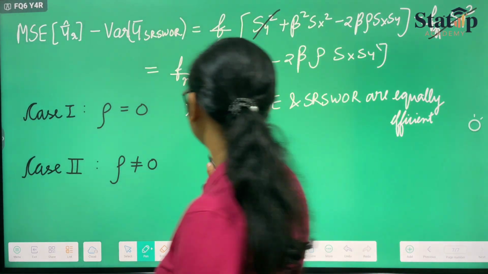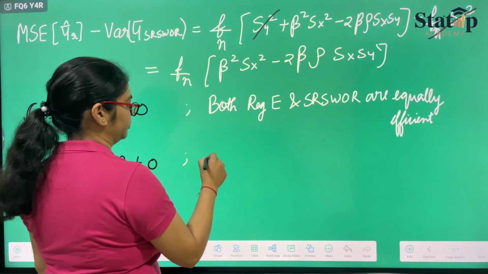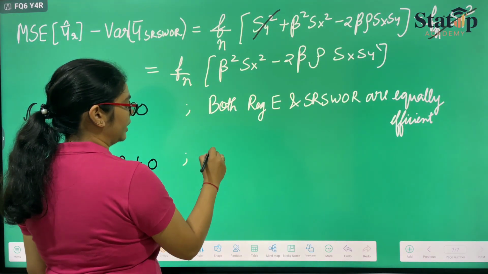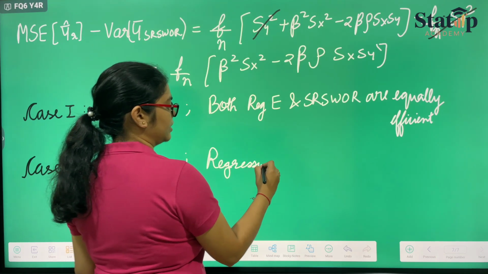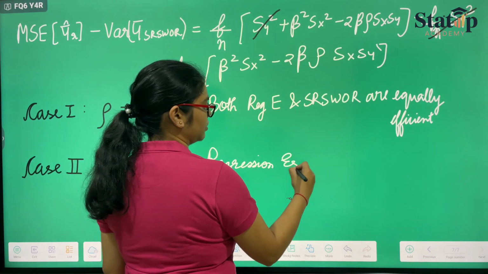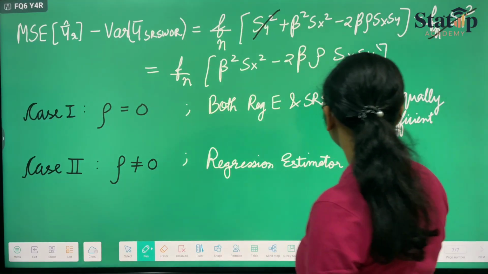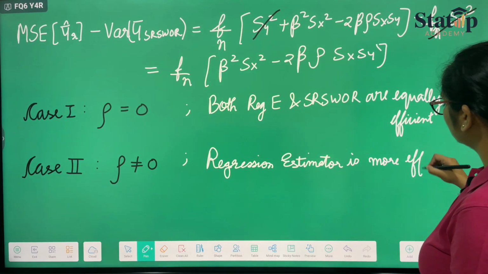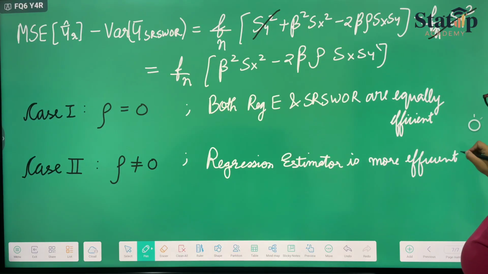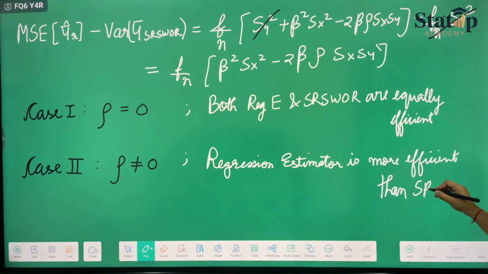And when it is not equal to 0, hence we can say that our regression estimator is more efficient than simple random sampling without replacement.